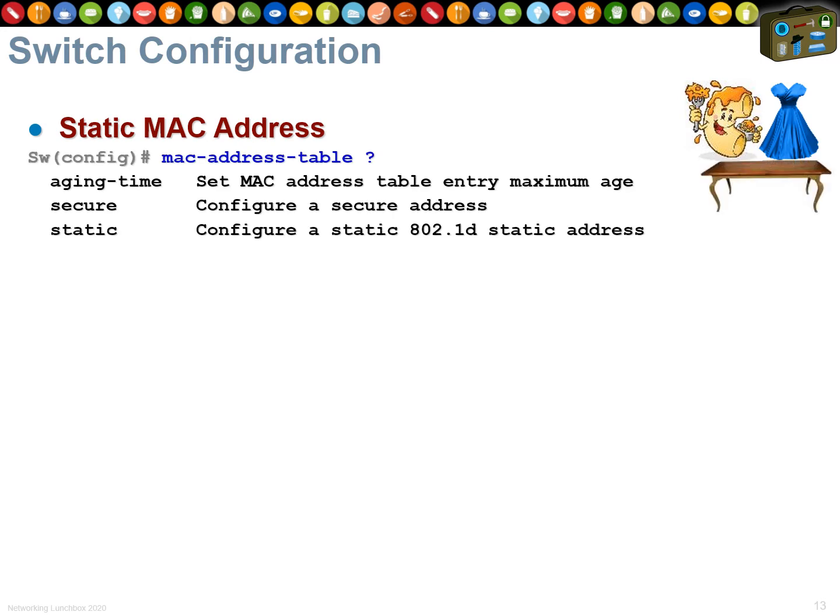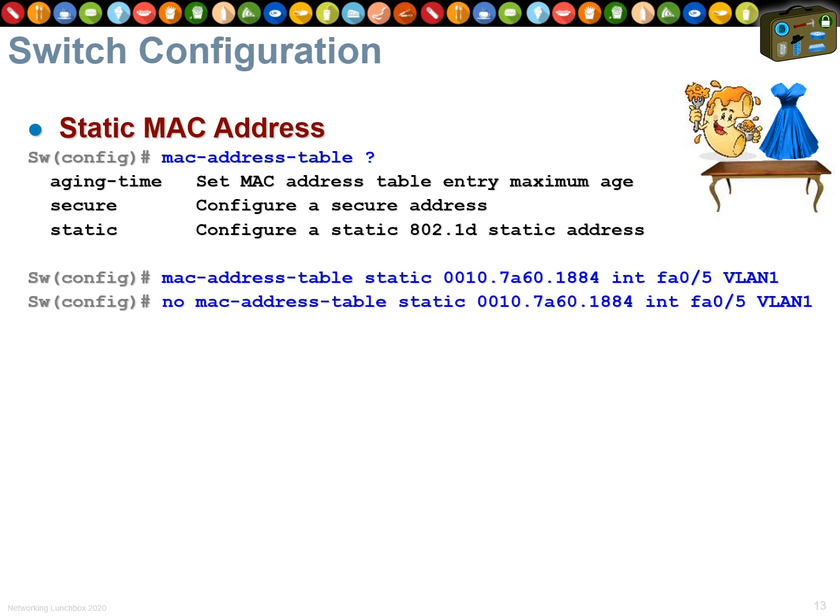Now, let's dive just a little bit deeper into the switch commands just for a few minutes. MAC addresses. So if you go to mac address-table, these are some of the options you've got. Aging time, how long to remember a MAC address. Secure, set up your security. Or static, you can even configure an interface to say, you know what, this interface has got this MAC address and this MAC address is always going to be on this VLAN.